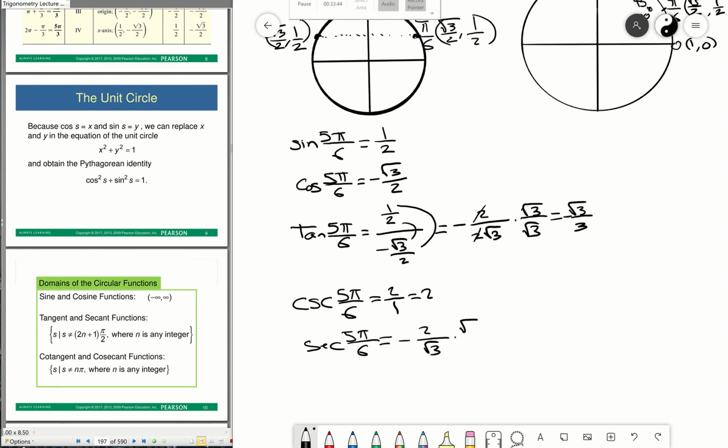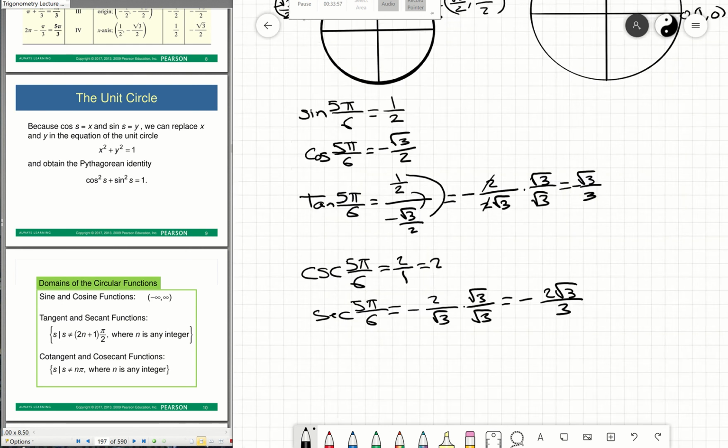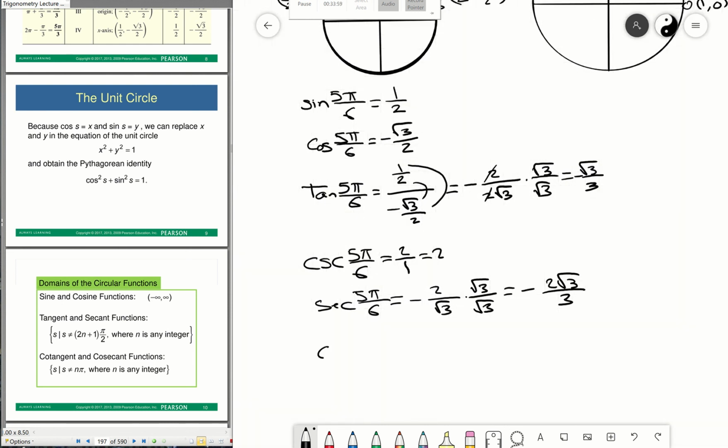And if we rationalize it by multiplying top and bottom by square root of 3, we end up with negative 2 square root of 3 over 3.